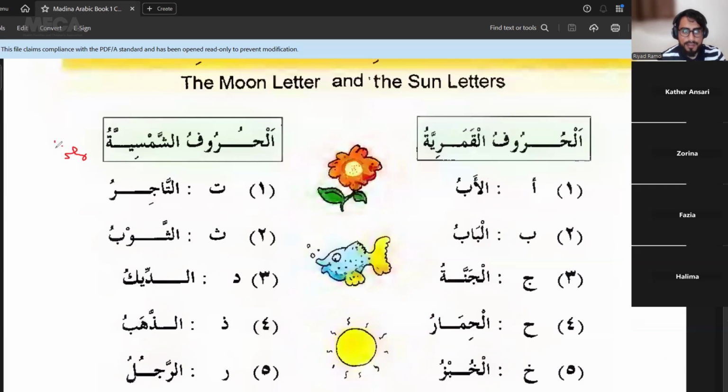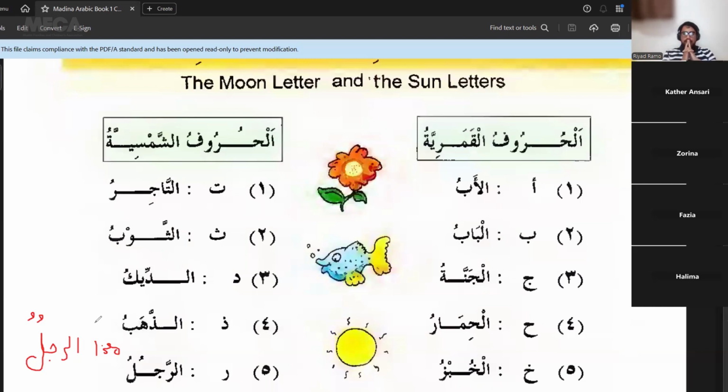Let's do it together. Hada rajulun or rajulu? Rajulu.